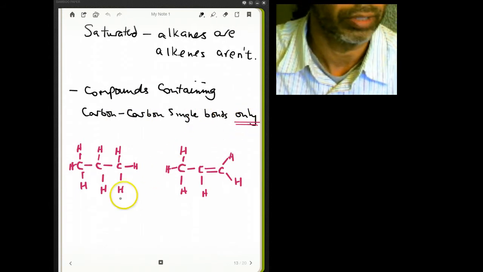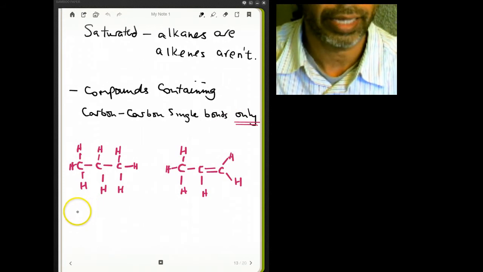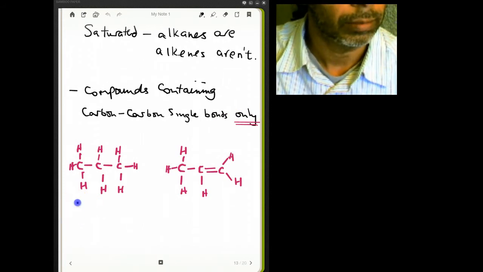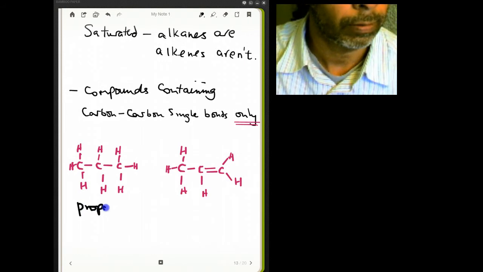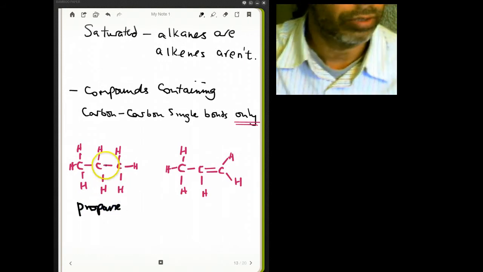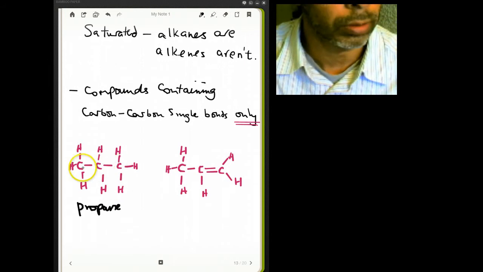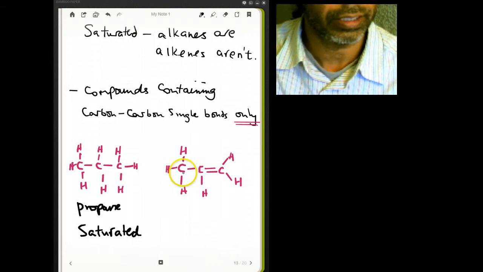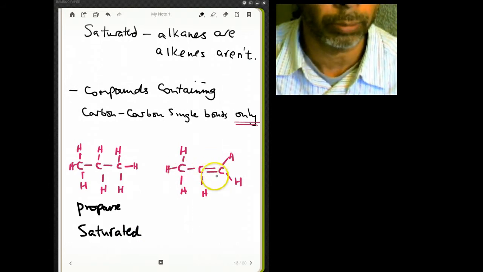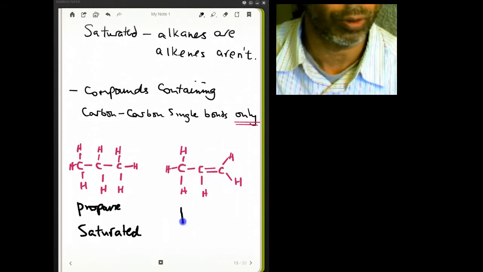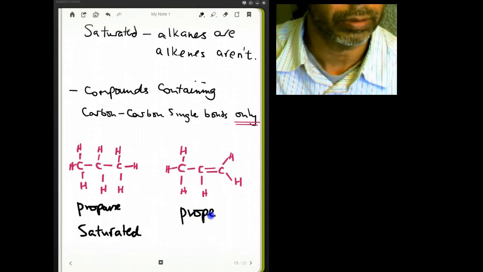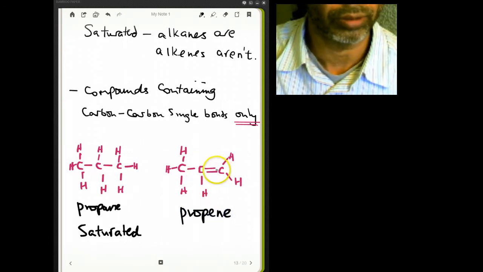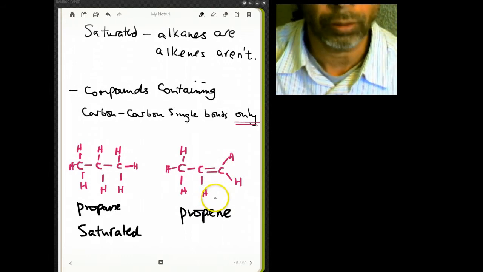So for example, here we have an alkane, propane, and you notice that all the carbon-carbon bonds are single, so it is saturated. And this one here is an alkene because it's got a carbon-carbon double bond functional group, and it is propene, 3 carbons. So the carbon-carbon double bond therefore means that it is unsaturated.